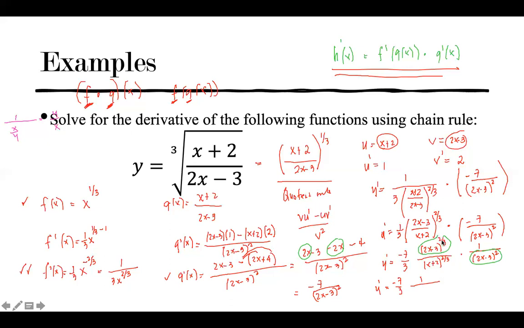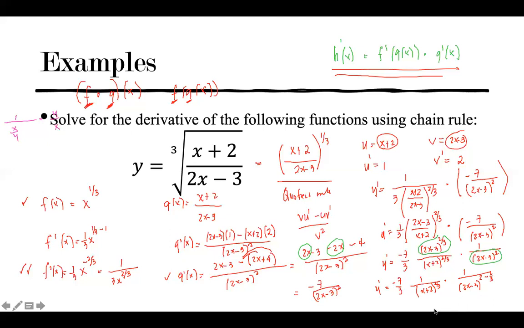Because 2/3 is the exponent here and 2 is the exponent of our denominator. The denominator has the greater exponent, so we place the lesser exponent back down in the denominator. So this will be (x plus 2) to the 2/3, and that will be (2x minus 3) to the power of 2 minus 2/3.